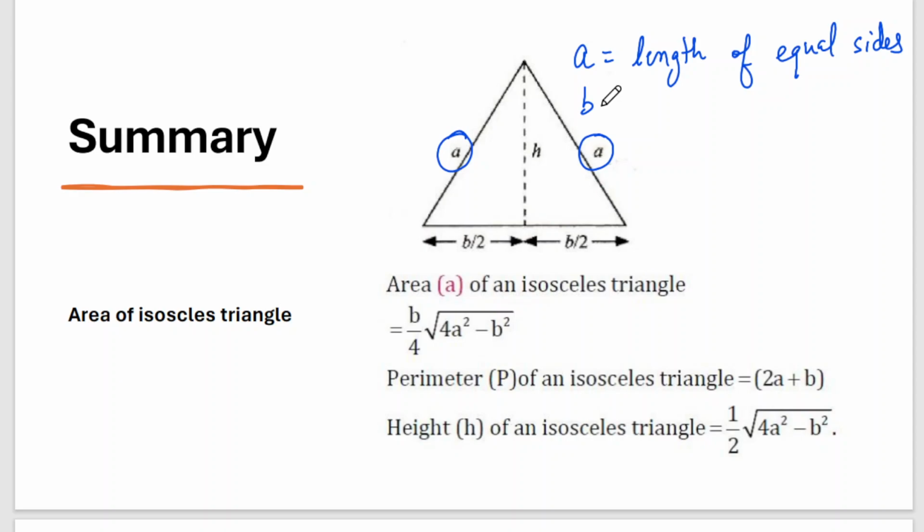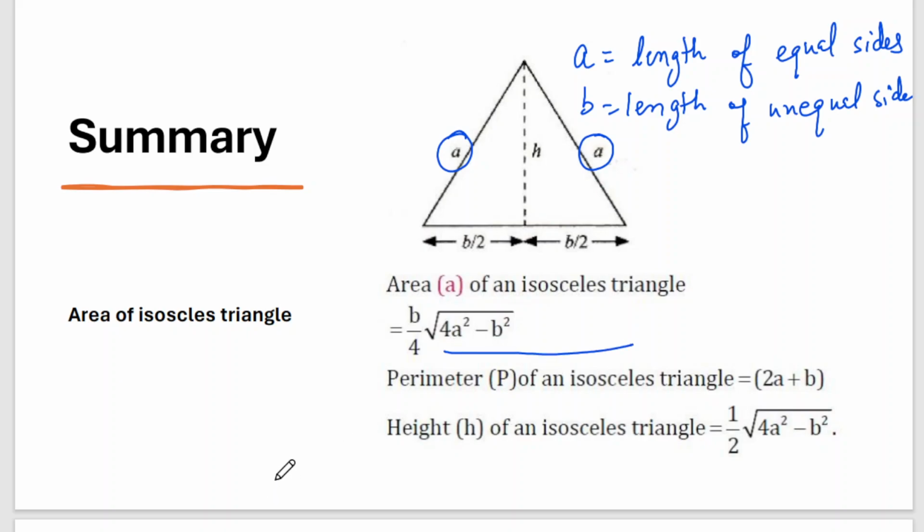And b was the length of the unequal side. Okay, so we can use the formula b by 4 under root 4a square minus b square to find the area of an isosceles triangle.